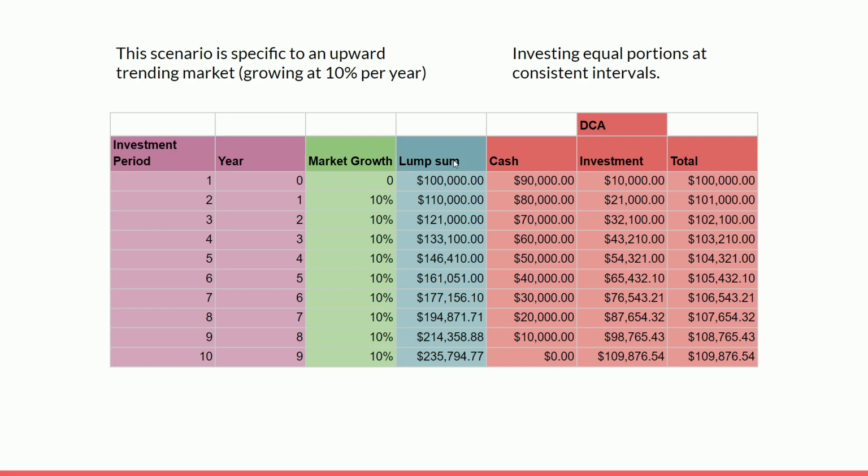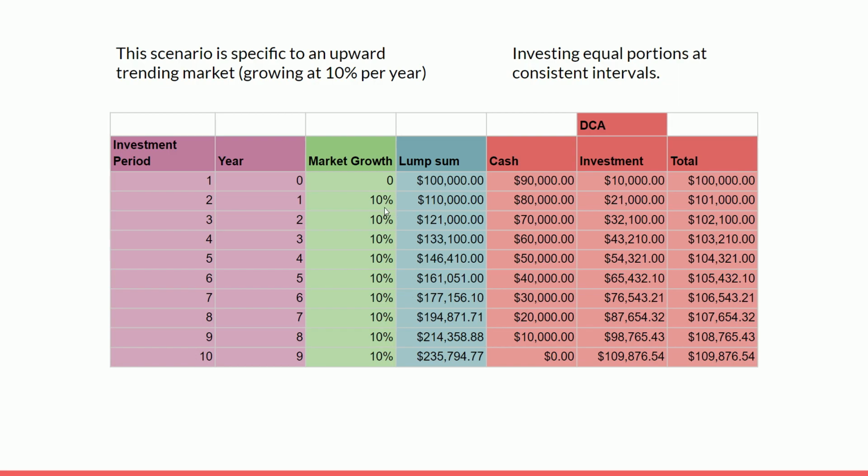And the lump sum is essentially the other way of doing your investment, which here is shown to be much greater in this scenario. This scenario is very specific to a market that is constantly growing at a certain rate, just for simplicity at 10% per year.